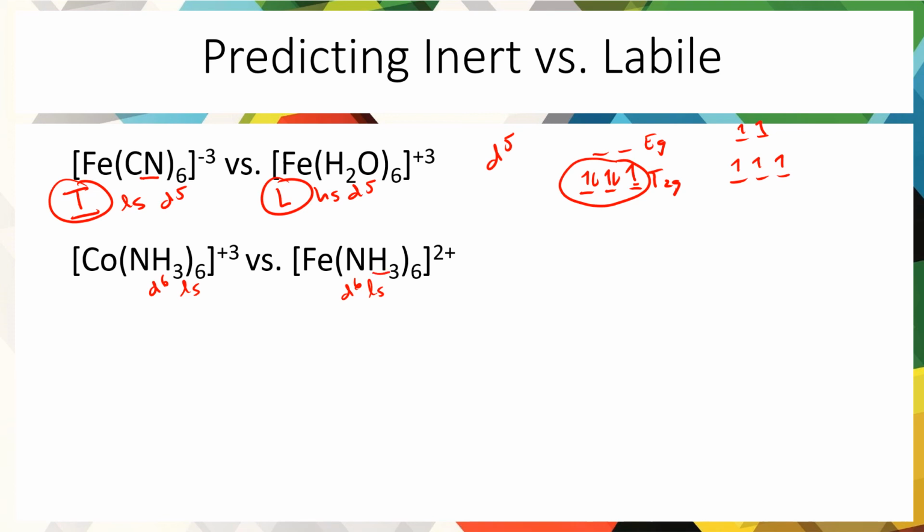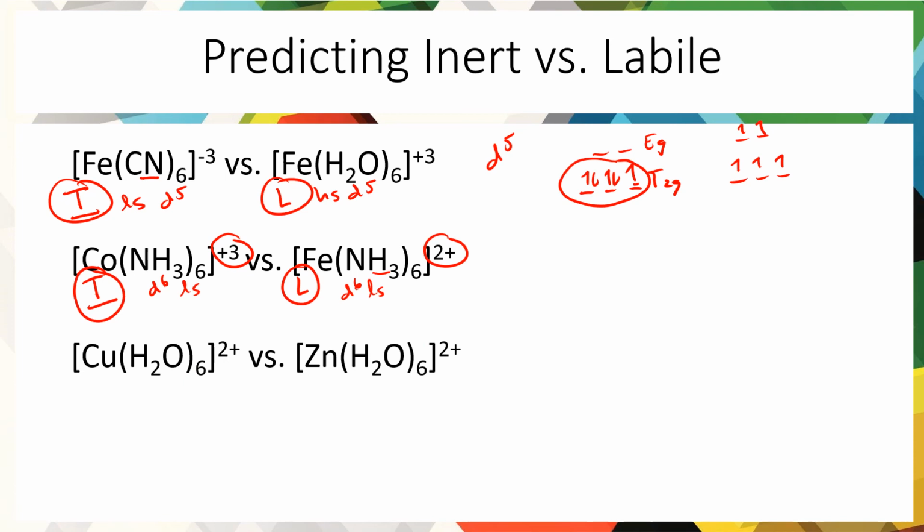They're both amine complexes, but again, we're not paying so much attention to that. Let's pay attention to iron versus cobalt. If the electron count is the same and the sizes are similar, we're looking at the charge density. So in this case, the higher, more positive oxidation state is going to favor the inert complex. So we're going to guess that the cobalt 3 is more inert than the iron 2, all else being equal.